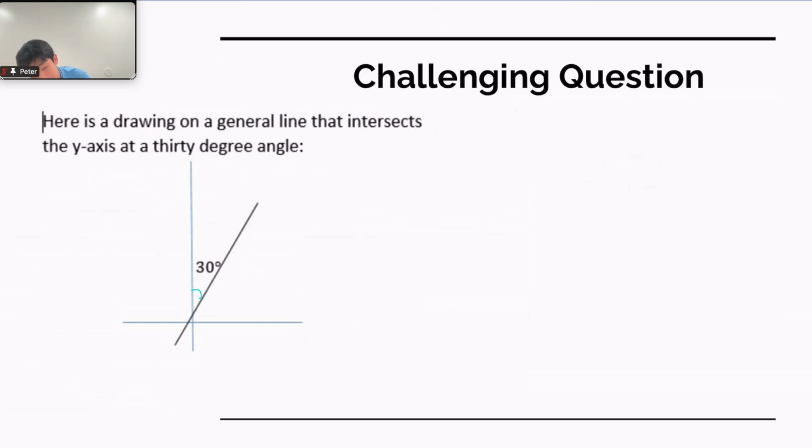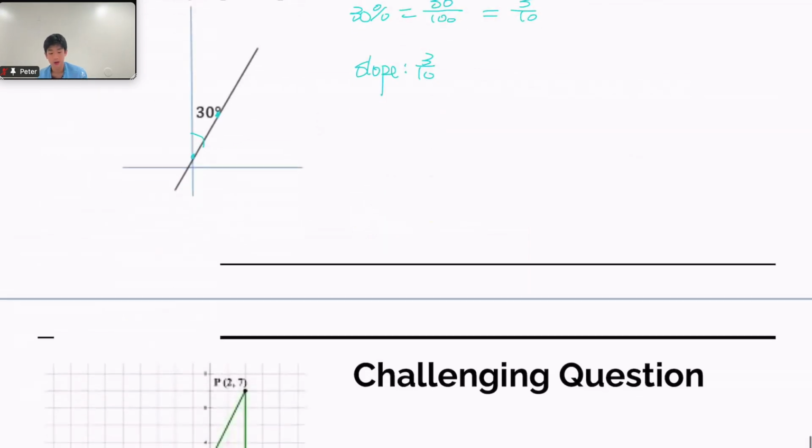Remember, 30 degrees will just be 30 over 100. Simplify, it will be 3 over 10. So the slope will just be 3 over 10. Pretty simple. If you plug in some reference numbers, it turns out to be 3 over 10 because 30 degrees is 30 over 100.